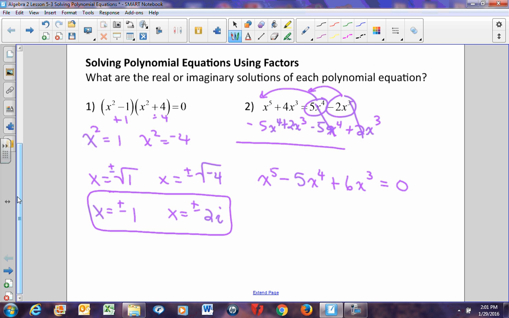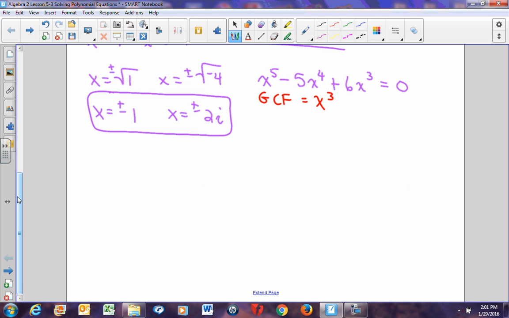The next thing I will do is take out the greatest common factor. My GCF here happens to be x to the 3rd. If I take out x to the 3rd, I will have x squared minus 5x plus 6 equals 0.